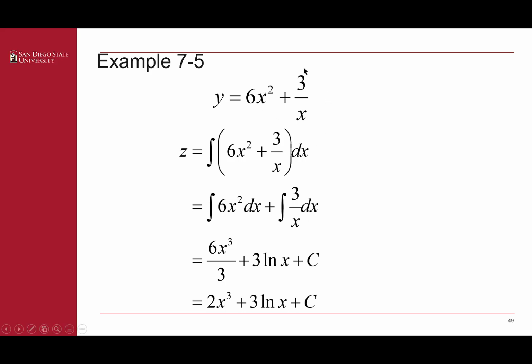Since these are an addition of two terms, we can take their integrals individually, and this will be much easier. Eventually we get 6 times x cubed over 3 plus 3 times ln x plus c, which makes 2 times x cubed plus 3 ln x plus c.